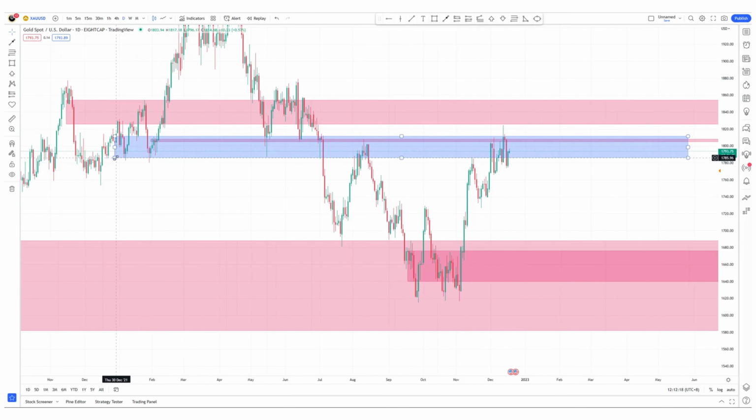So if I'm marking, this is my first engulfing sell for the daily time frame. Then price came back into the zone, closing as our second engulfing sell. And in this moment we could see that price has come back into the zone and closed as our third engulfing sell.